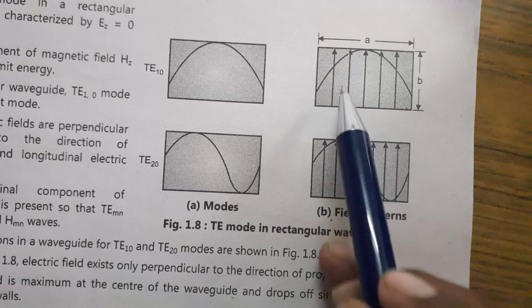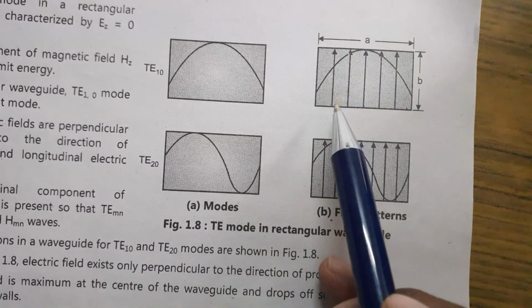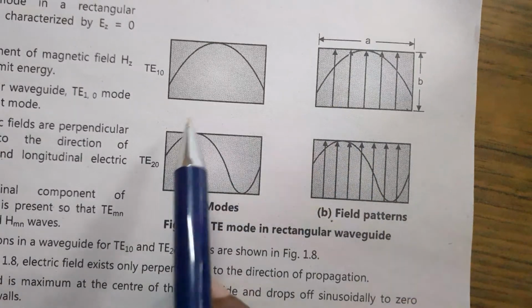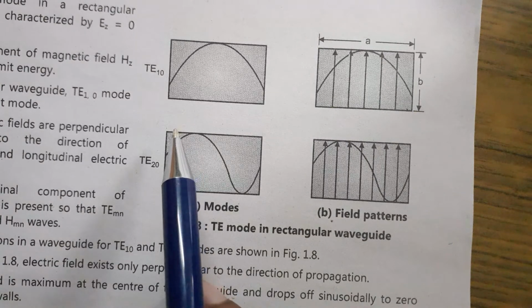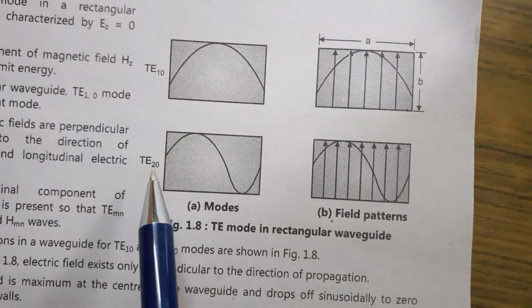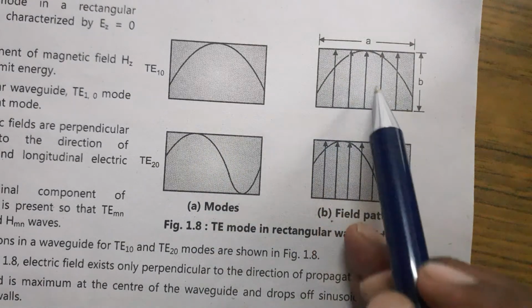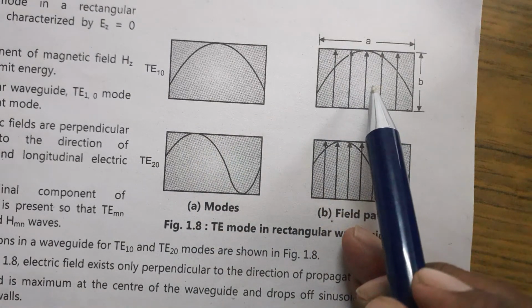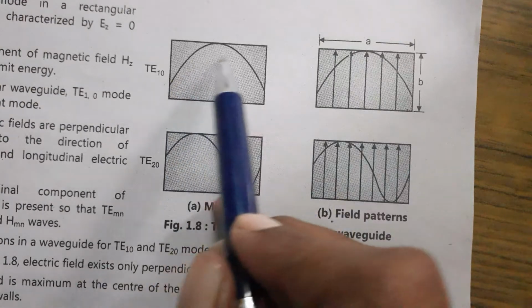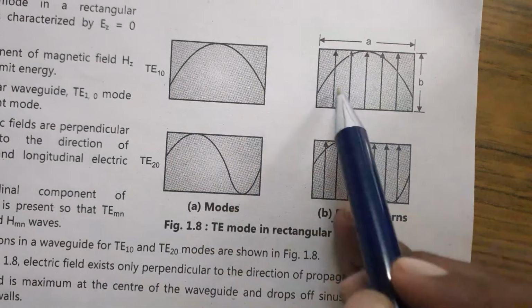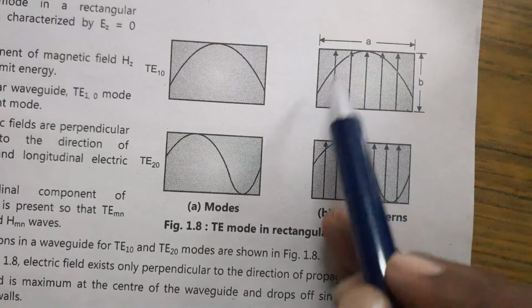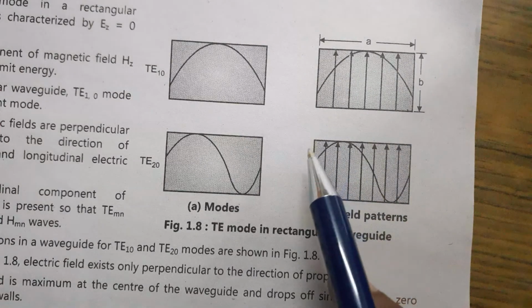This vertical line will represent the electric fields. In this one the Z component will be zero, and this is the dominant mode. So all electric fields are perpendicular to the direction of propagation. Here this is the direction of waves and these electric fields are perpendicular to the direction of propagation.